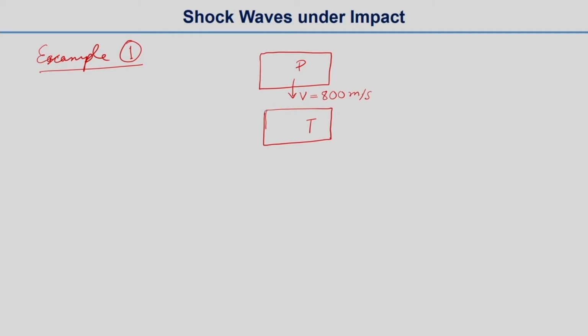Now let us assume we have the same material in both the projectile and the target, let us say steel, for example SS304, a special kind of steel. So this is the steel we are using for both projectile and target.